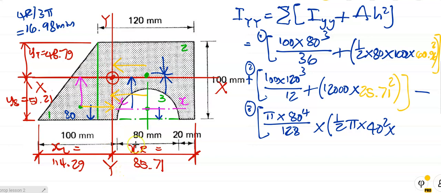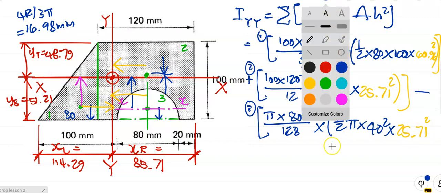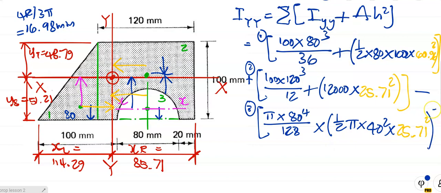And we said earlier that the centroid of the rectangle and the centroid of the semicircle are on the same line. So therefore the H distance is actually going to be the same. 25.71 squared. Okay. Close the bracket and close the square bracket. And work out the answer, yippee. And of course, it's going to be millimeters to the 4th. You stop the video, you work out the answer until we get the same answers. And I got, what did I get? I got 3.595.